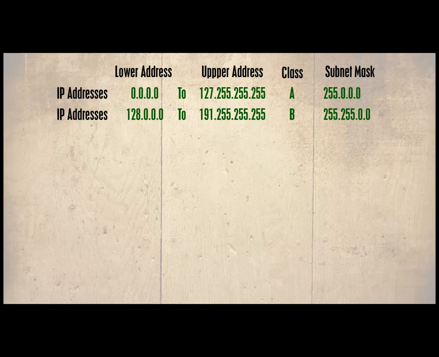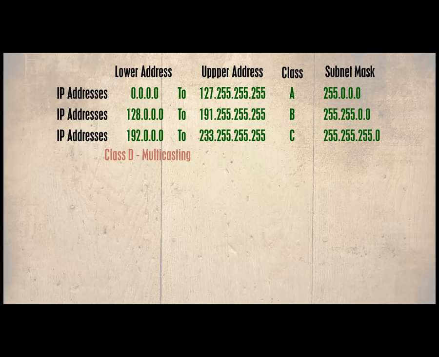Finally, if the IP address is in the region of 192.000 to 233.255.255.255, then it will be a Class C subnet, or has a subnet mask of 255.255.255.0. Notice that we have not included above Class C at this stage, as Class D is used for multicasting and E for research and experiments.